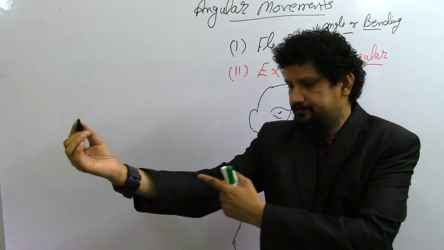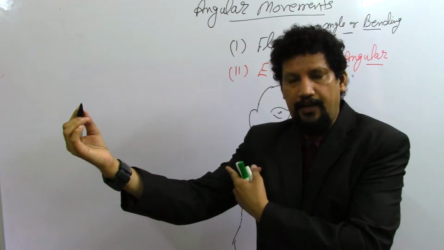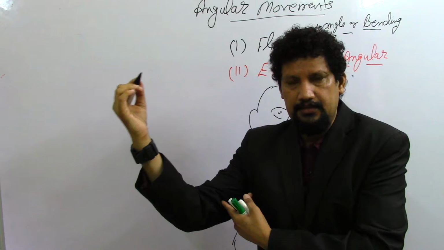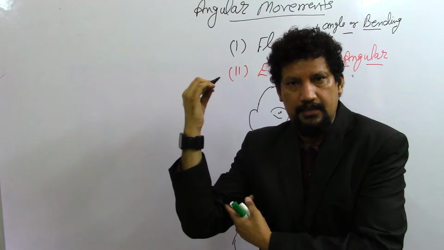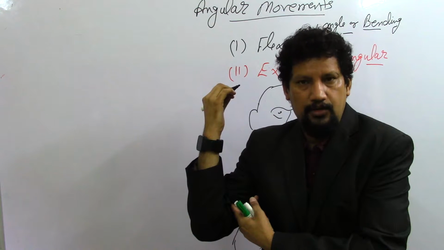This movement where the angle of the elbow is decreasing is the flexion movement of the elbow.